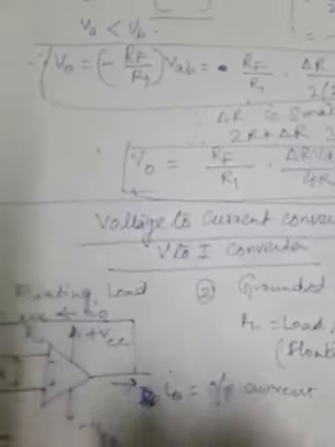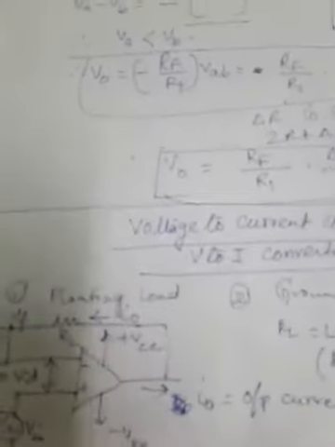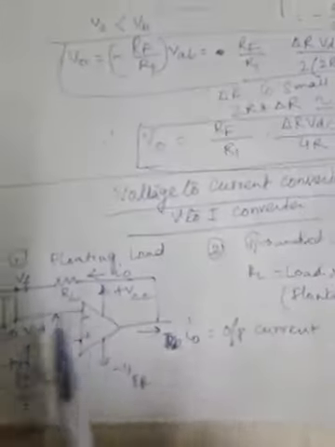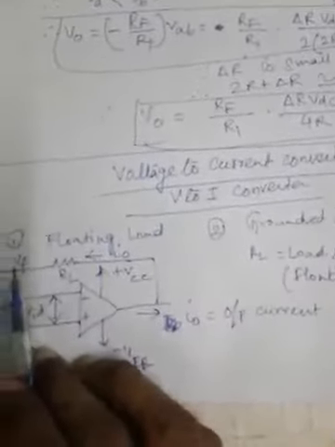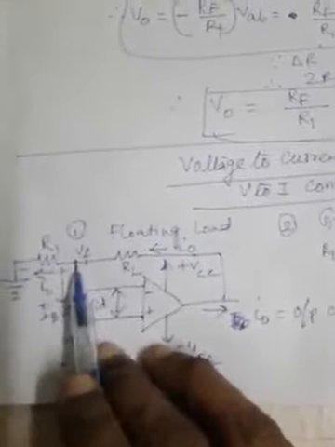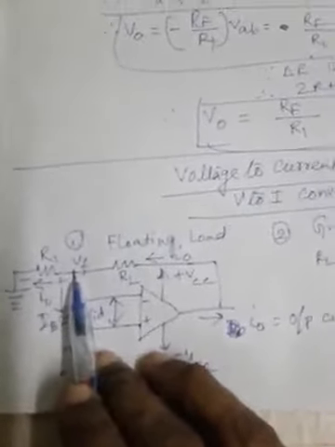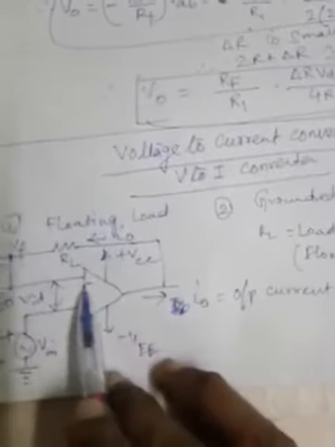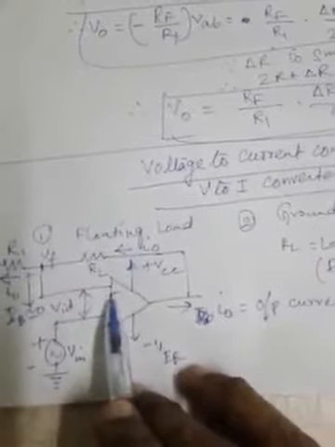Now the input voltage is applied to the non-inverting input terminal as shown in the diagram, and the feedback voltage across R1 is measured as VF. Across R1 it is measured with respect to ground. This node voltage is the feedback voltage VF, which drives the inverting input terminal.